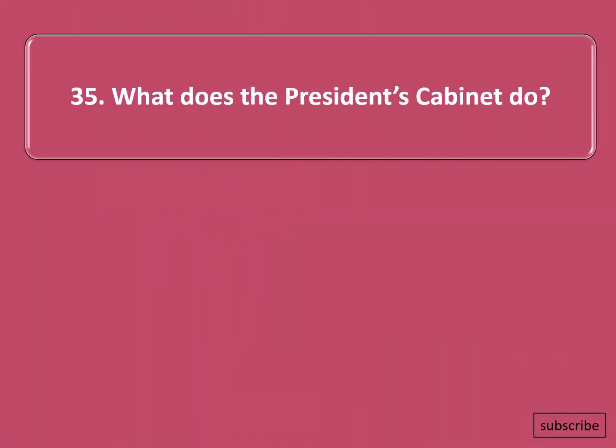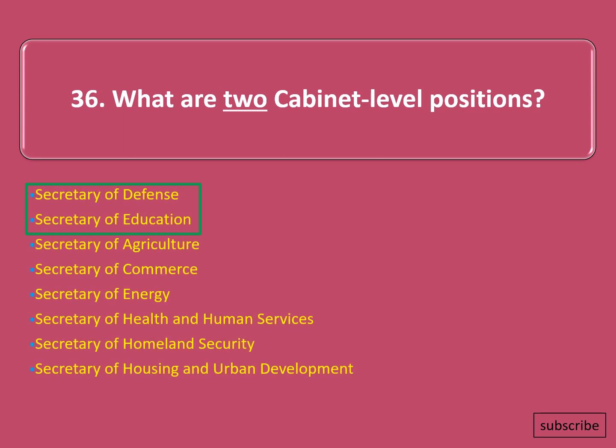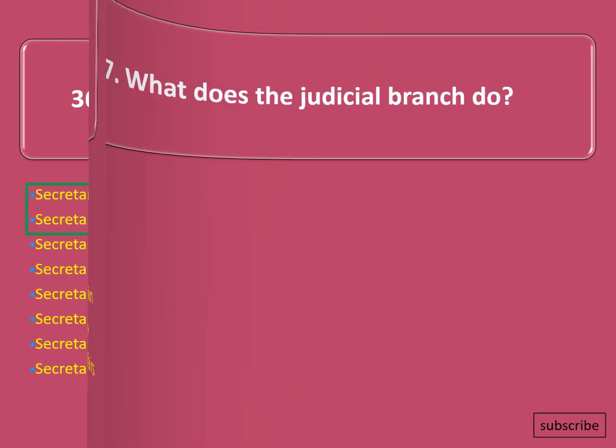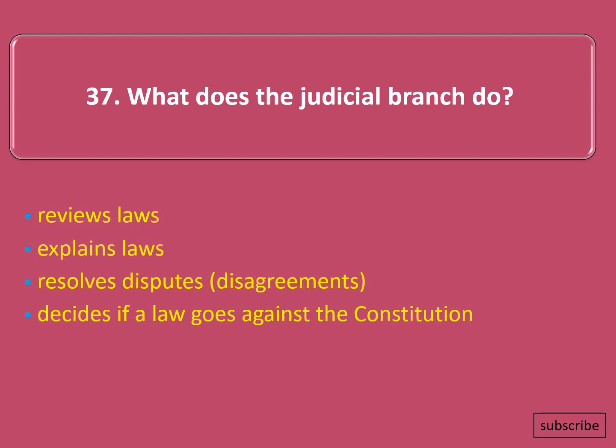What does the president's cabinet do? Advises the president. What are two cabinet-level positions? Secretary of Defense. Secretary of Education. What does the judicial branch do? Reviews laws. Explains laws. Resolves disputes, disagreements.